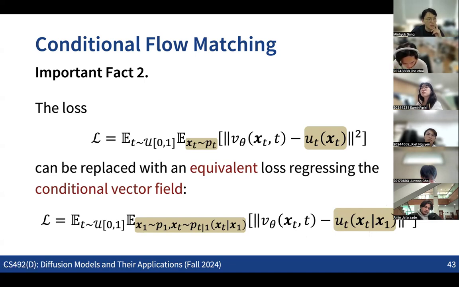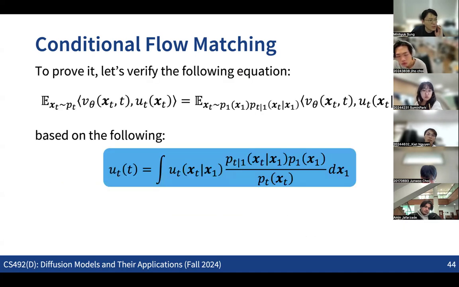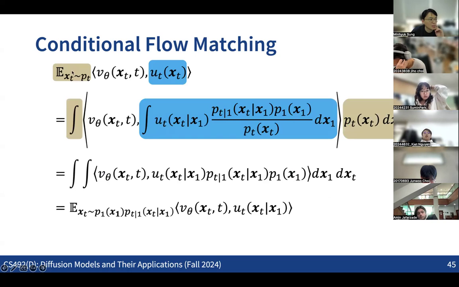We are not going to see the details of exactly how to prove this. But basically, we are going to say that the expectation of this kind of dot product is the same based on this equation. If we look at some details, we can say that this expected value can be converted into taking the integral of p_t(x) here, while replacing the marginal vector fields like this. And if we rewrite everything, then this expected value becomes the same as this expected value.